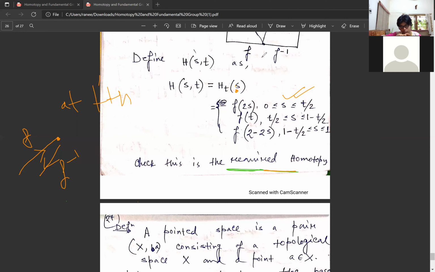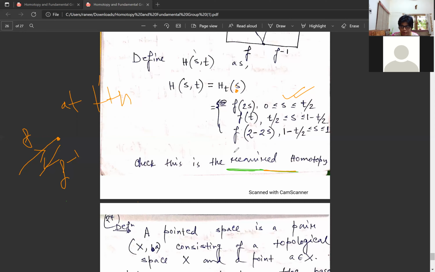And at the point half, you will have f of half there, and then from half to 1, you will have f inverse of 2s minus 1, which is f of 2 minus 2s. So at t equal to 1, this is basically f product with f inverse, right? So this is how the homotopy works.